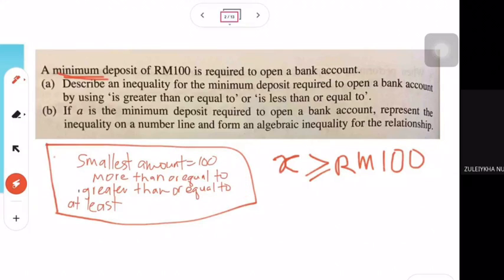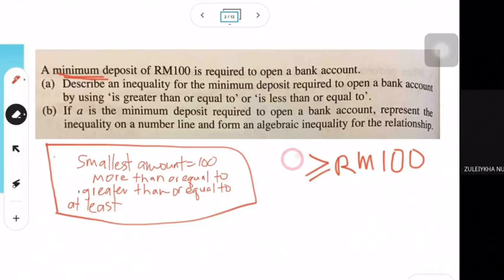Okay, B apa dia cakap ni? If A is the minimum deposit, dia dah bagi simbol ni A. Represent the inequality on a number line and form an algebraic inequality for the relationship. So kita kena guna A lah.